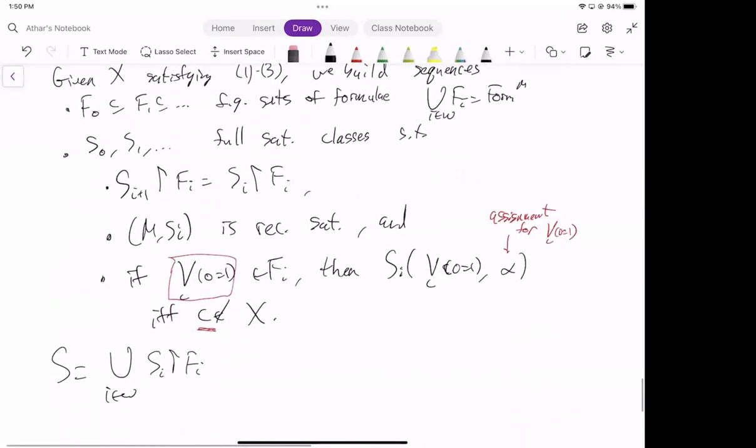Most of the time, in the Enayat-Visser construction, you start with the model, put in the properties that you want of that satisfaction class, and you get them in some extension. And if you can, you do some sort of reflection or resplendence to reflect back down.